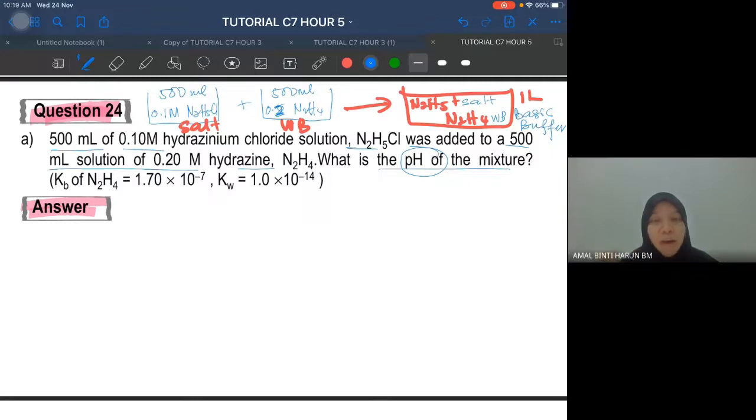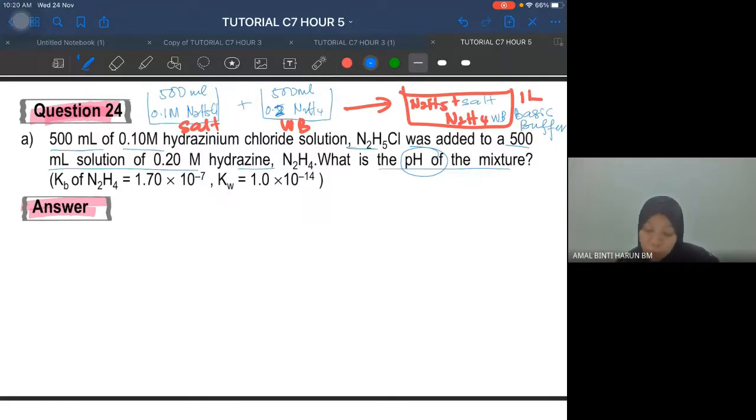And ketiga adalah buffer, sama ada acidic buffer ataupun basic buffer. So penting untuk pelajar identify these 3 situation because it will determine what formula you are going to use and what is the proper step to do. So ini kita dah boleh recognize dia adalah buffer solution, basic buffer.